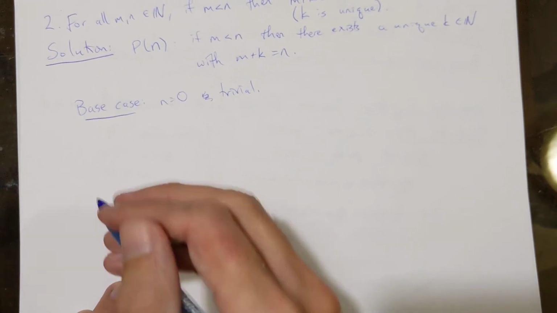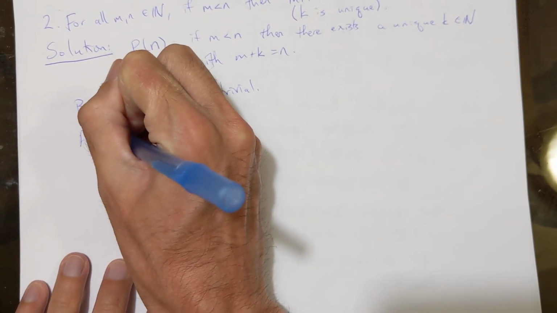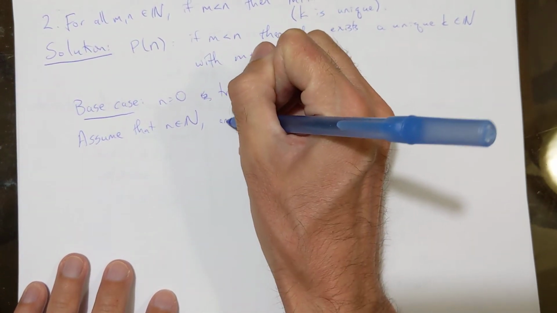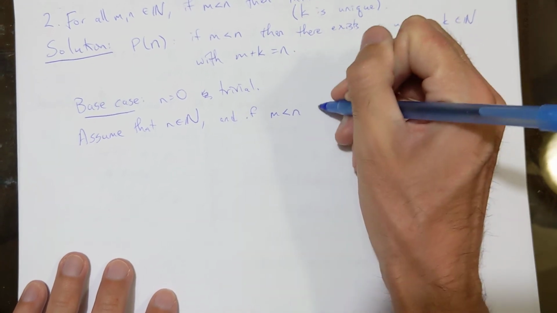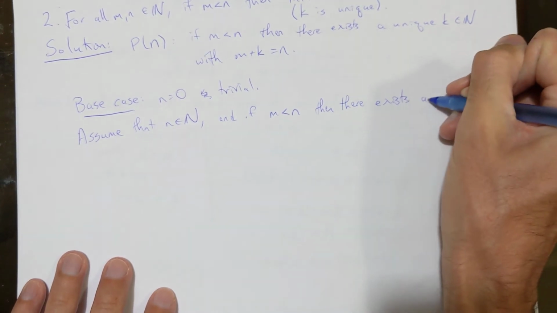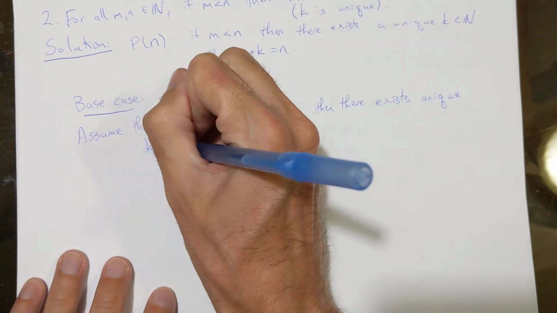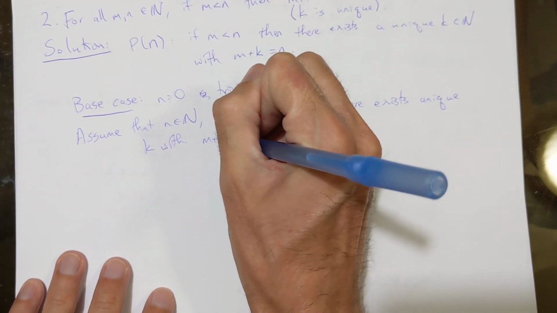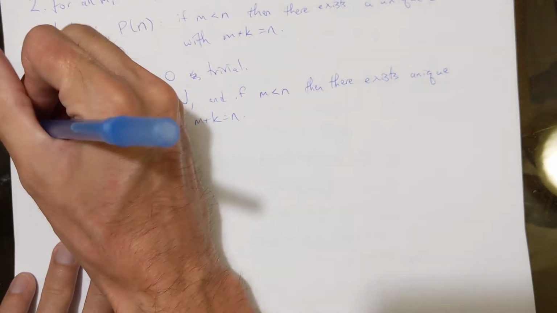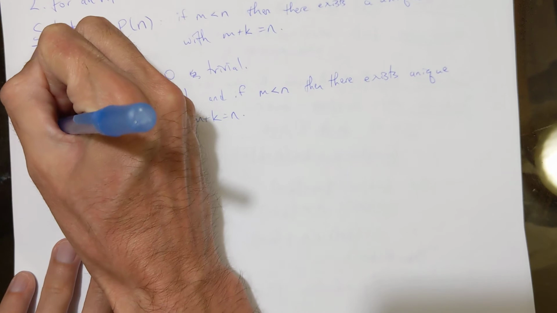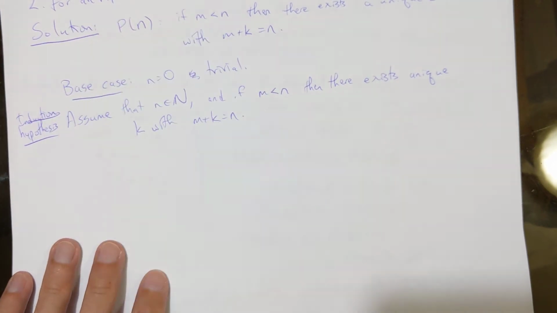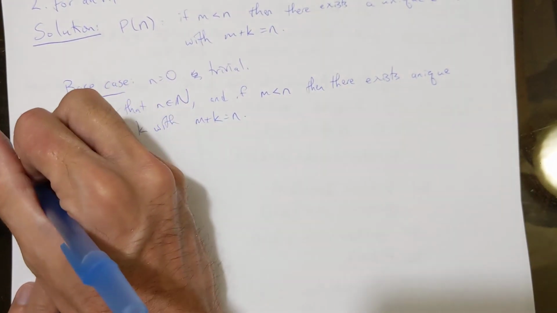Now assume that n is a natural number, and if m is less than n, then there exists unique k with m plus k equals n. And this is the induction hypothesis. And now we do the induction step.